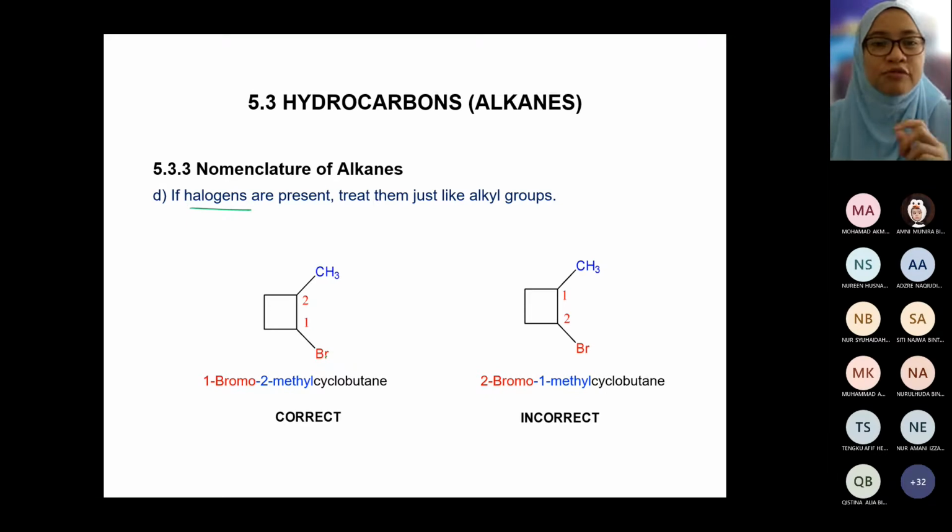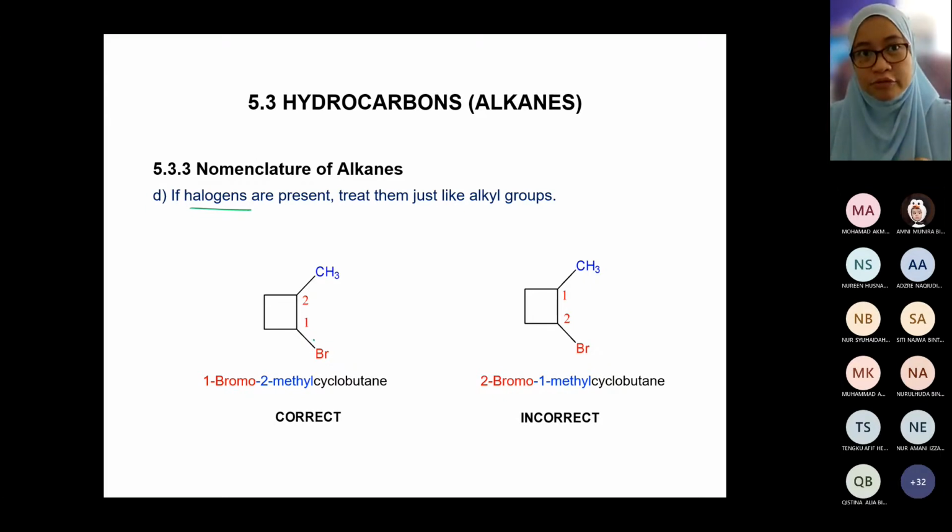So you do not prioritise it. Not bromine or chlorine getting the lowest number possible. No, you don't have to do that. We go based on the lowest numbering possible.